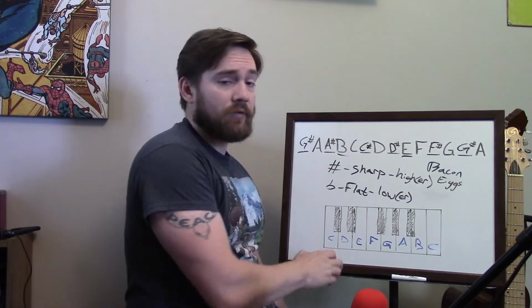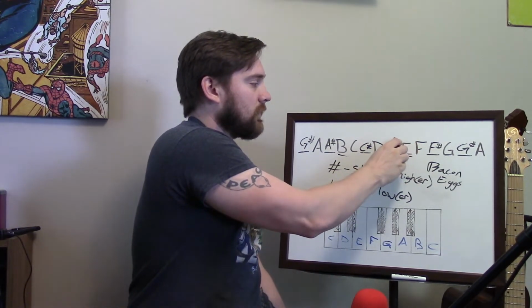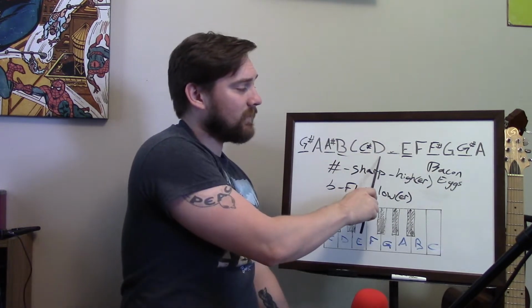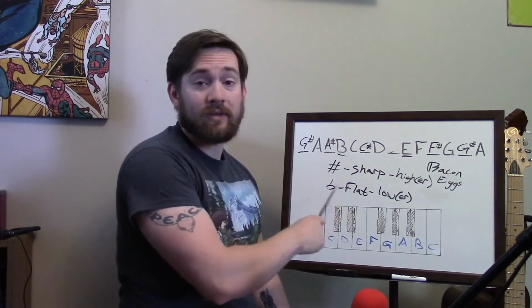So, let's take, for example, this D sharp. We can see that it's the note that's higher than D. So, we would use the word sharp because it's higher. D sharp.